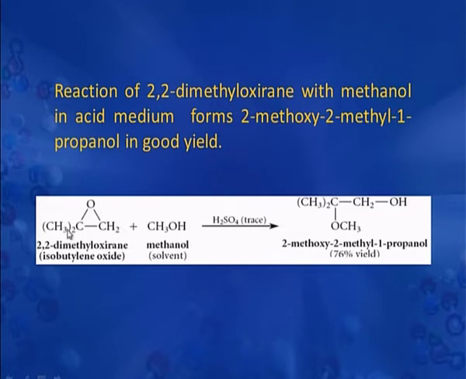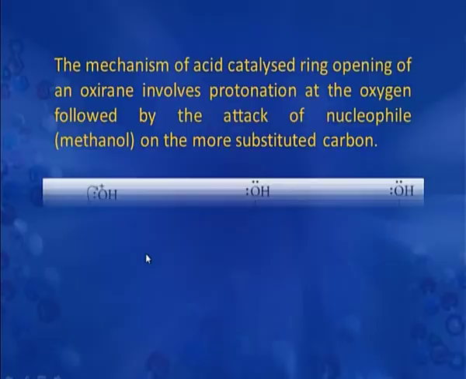Here you can see that this carbon is the more substituted carbon, and that is why the attack of the nucleophile, that is the methoxy group, takes place at this carbon, and that is why the product is formed. Now we will discuss the mechanism of acid catalyzed ring opening of an oxirane.